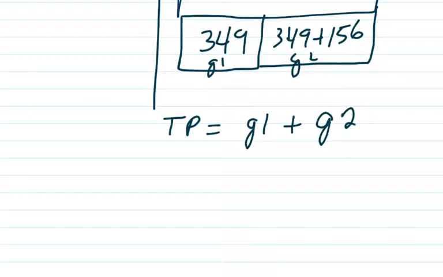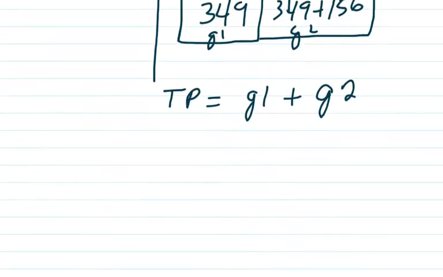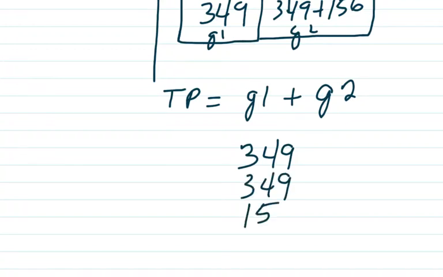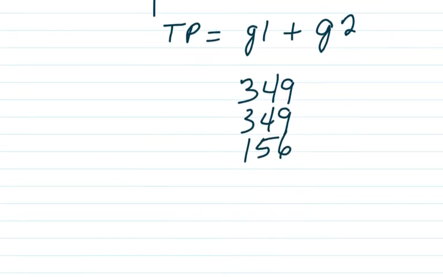So now I'm going to continue to set up my equation. 349 plus 349 plus 156. That's going to give me my total points. So that is 18, 24. Regroup that 2, box it. 8, 10, 15.